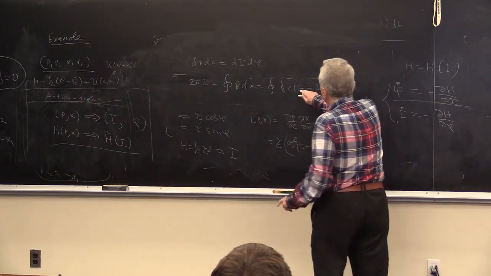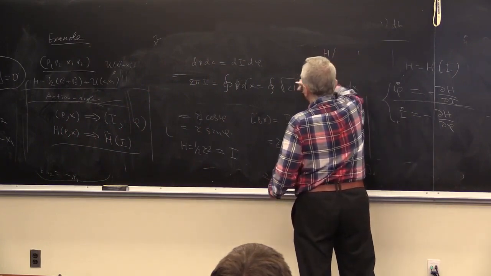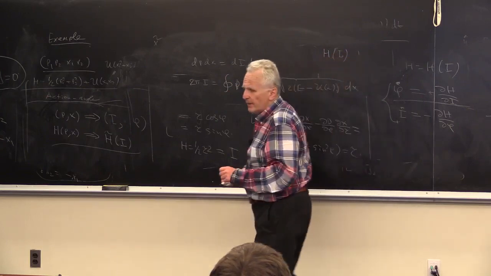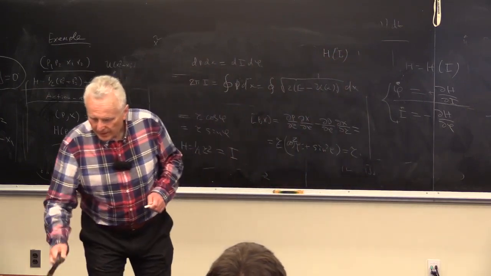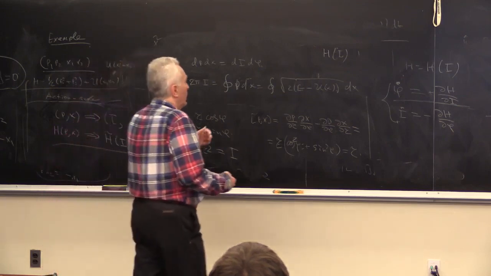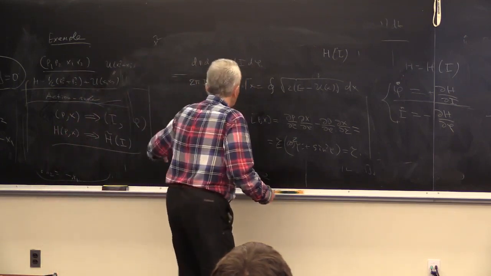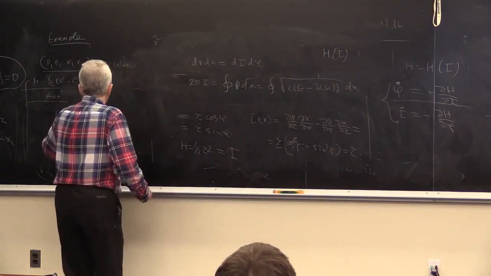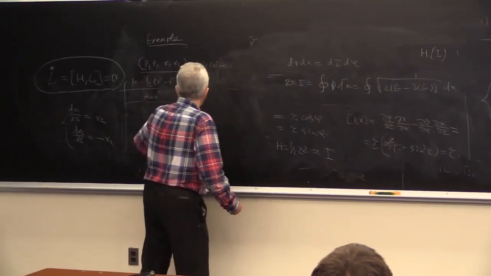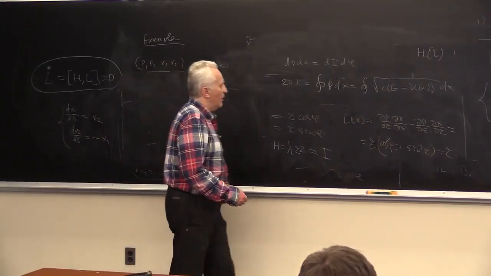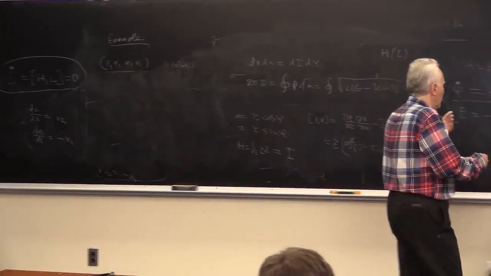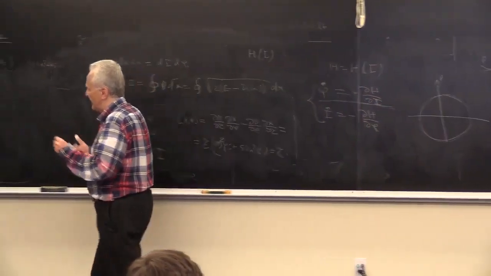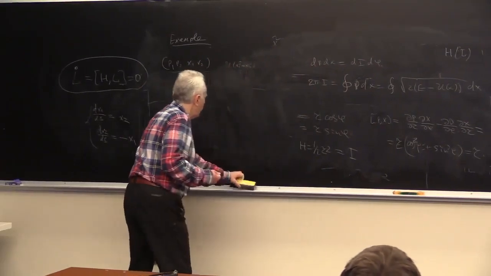In this case, E or H will be some function; you have to invert this integral and find H of I. And it has a very interesting meaning, actually. Let's try to get some understanding of the meaning of these angle variables.